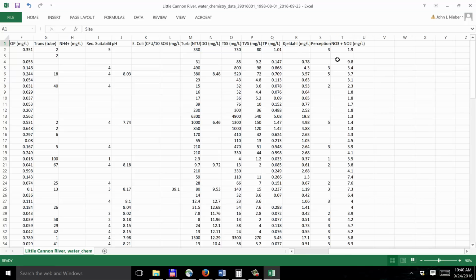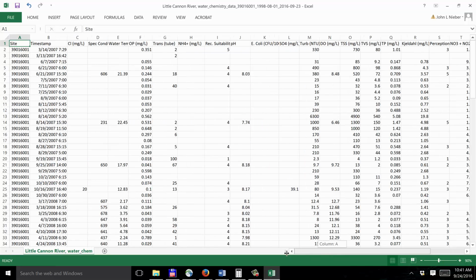And then we have here the sum of nitrate and nitrite, and most of this is going to be nitrate. So in the analysis that you're going to do, you'll assume that this is nitrate in doing the calculations.